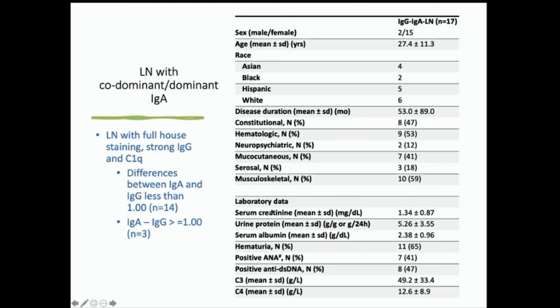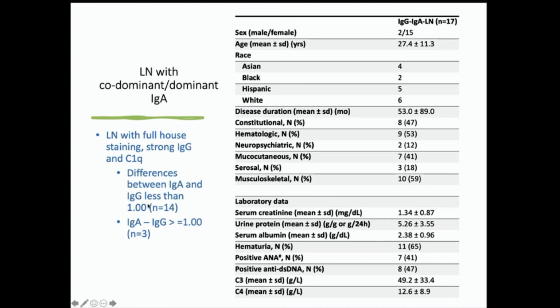So for these, we look at the definition we changed for lupus. Not the definition. We selected the cases with, again, strong IgG and strong C1q, which fulfills the diagnostic criteria for lupus nephritis.